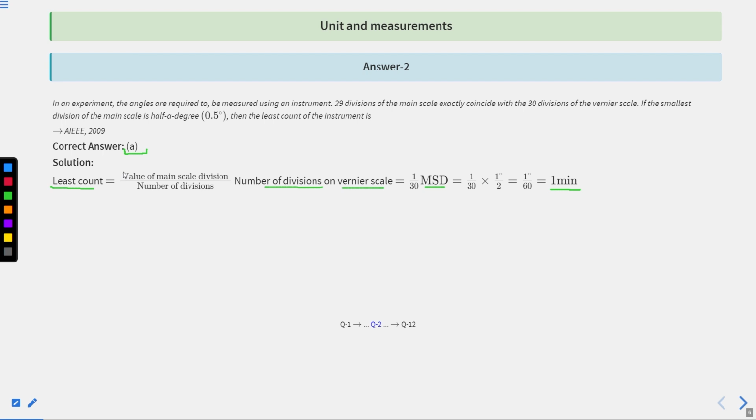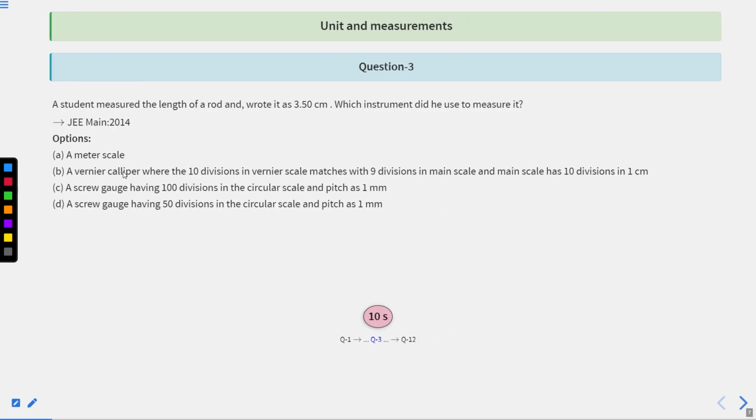Next is the third question. A student measured the length of a rod and wrote it as 3.50 centimeter. Which instrument did he use to measure it?